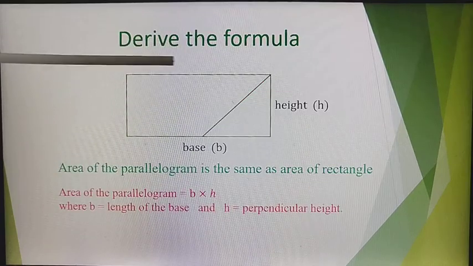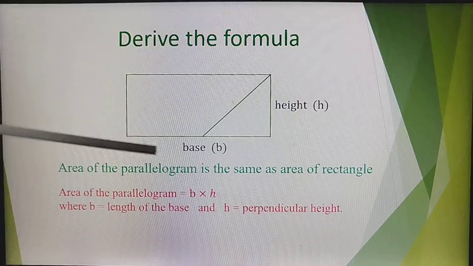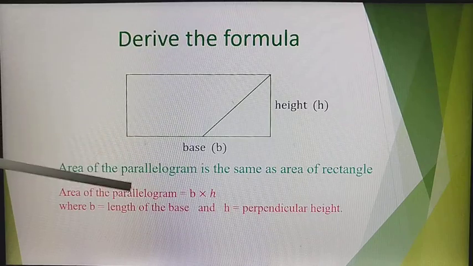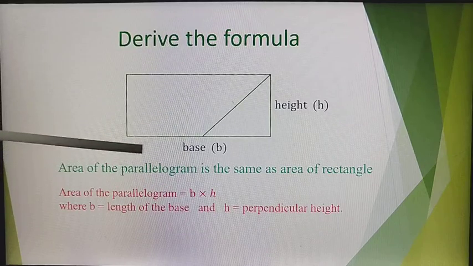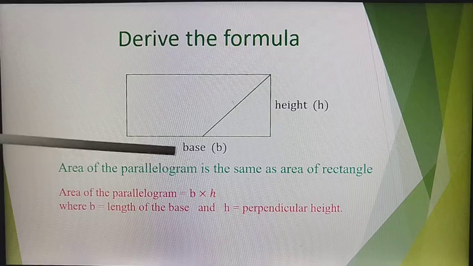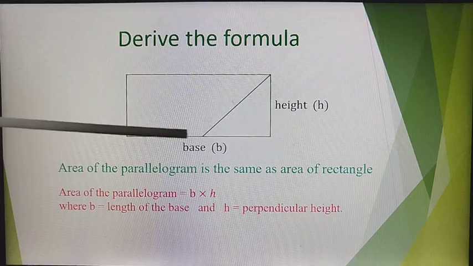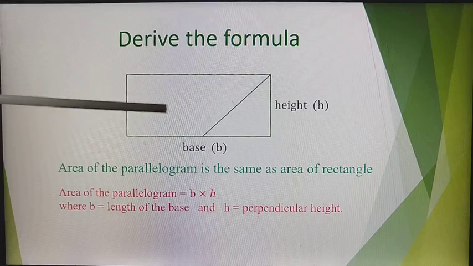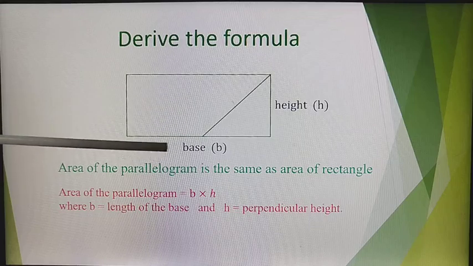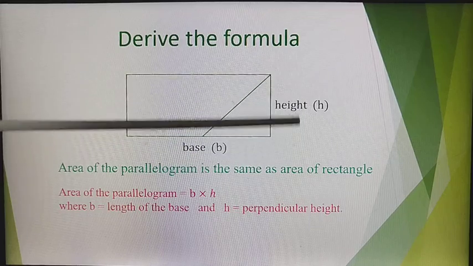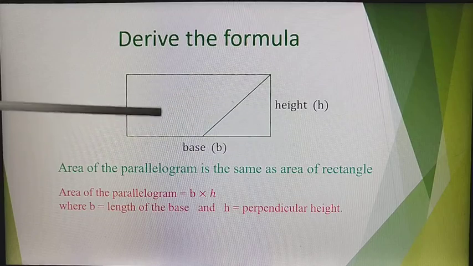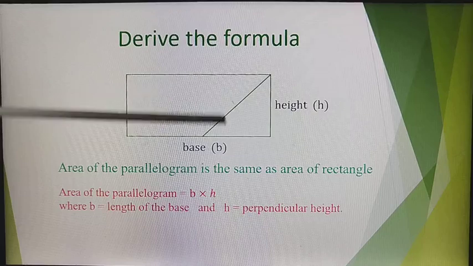So let's see our formula for the parallelogram. To find the area, we multiply the base by the height, because in rectangles we multiply the length by the width. So this one in a way is a rectangle in disguise.